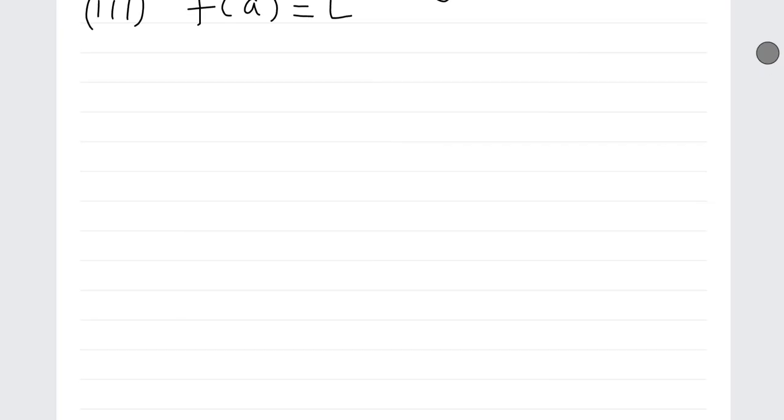Alright, so now let's see an example. Before I look at an example, the number one thing is you must know that every polynomial function is continuous. So any function that does not have a denominator will always be continuous. So let's take, for instance, an example like this.